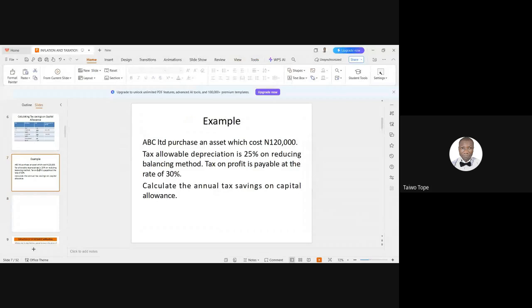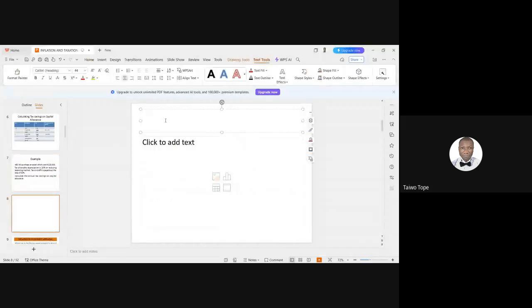You can take a screenshot in case. So, solution. We have it as this.